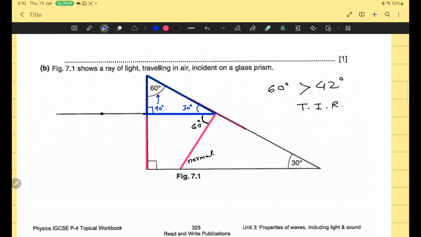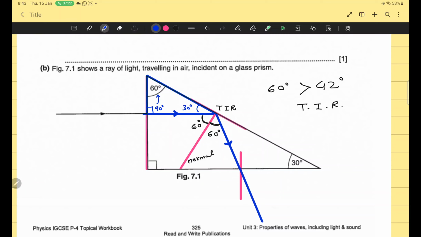For total internal reflection, the light will reflect here. At the 60-degree angle, light exhibits total internal reflection. Finally, if I draw another normal here, the light will emerge out into the air.